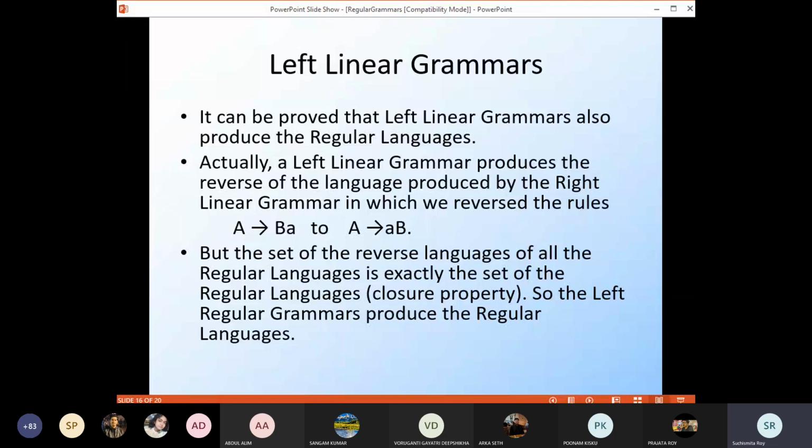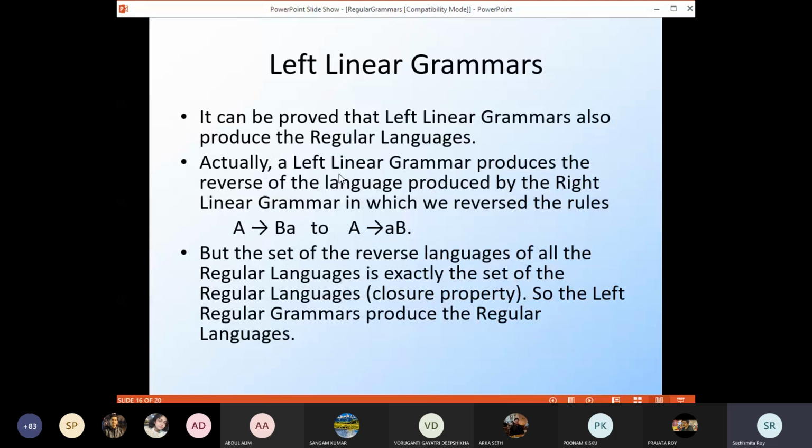Do you remember closure properties? We have discussed closure properties of reversal, complementation, intersection, union, and so many different operations. Yes, ma'am. And we are going to use them here to prove that left linear grammars also produce regular languages.